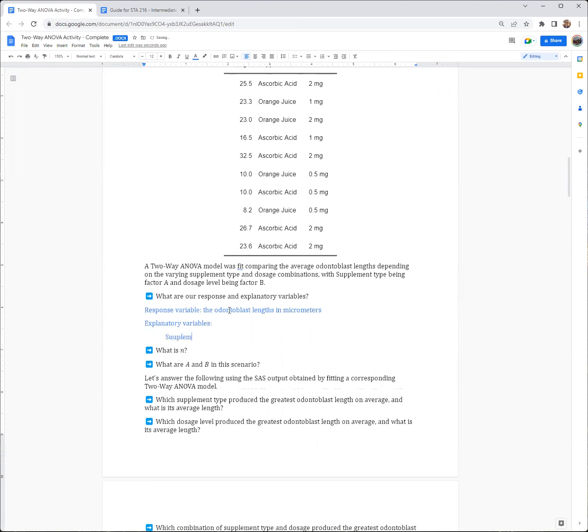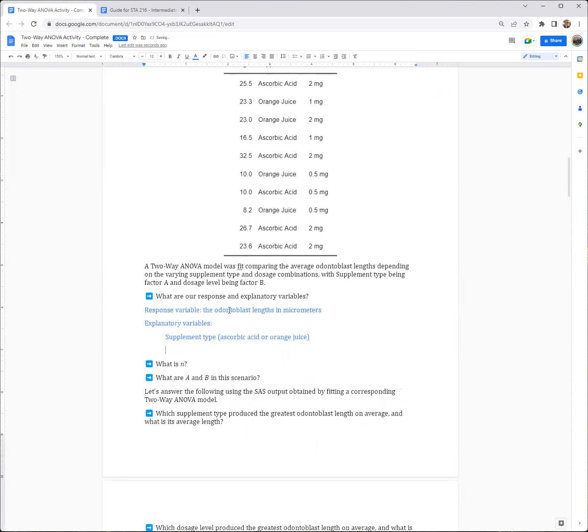The supplement type, which was ascorbic acid or orange juice, and the dosage level, which was 0.5, 1, or 2.0 milligrams per day.